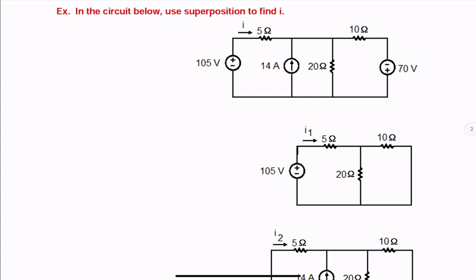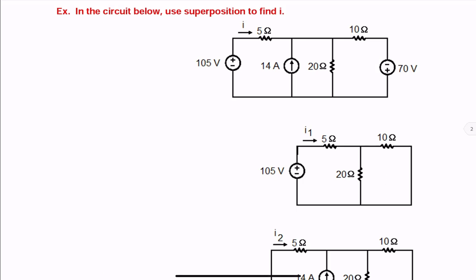Kill means simply remove the effect of them. So if the current is zero here, that source is converted to an open circuit, and zero voltage on the right side, we replace the source by a short circuit.